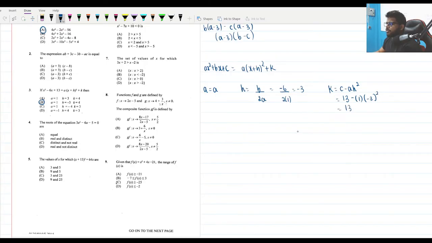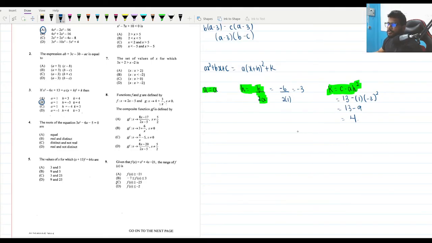So this will be 13, take away 9, which will give me 4. So B confirms is the answer. Use these formulas: A is A, H is B over 2A, and K is C minus A H squared. Remember it, memorize it for your completing the square if it comes in a multiple choice.